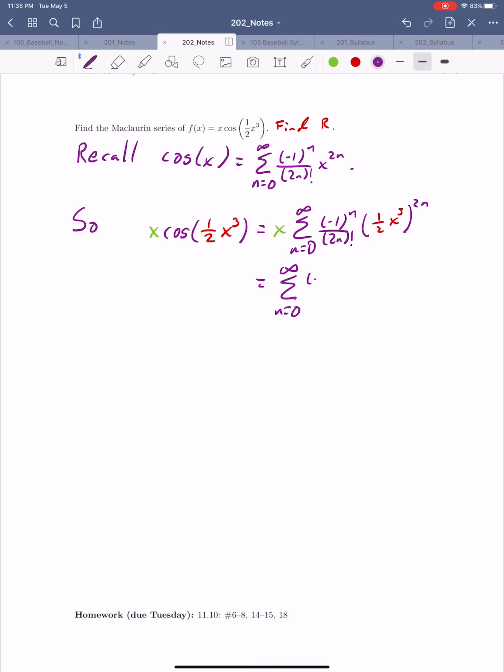We're going to get some (-1)^n, (2n)!, and maybe I'll put x on the outside right here. And then this is going to become (1/2)^(2n) times x cubed, maybe I'll do that in red, x cubed to the 2n.